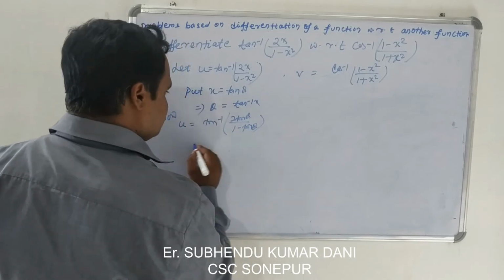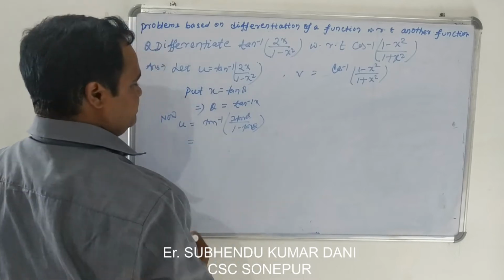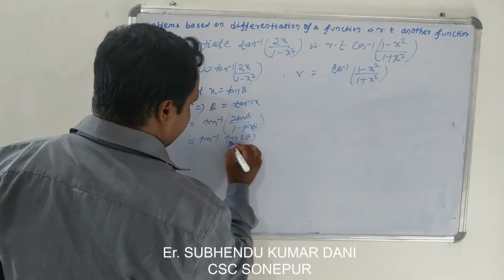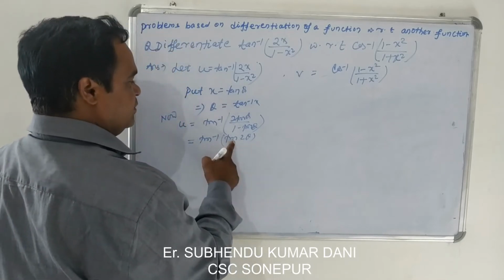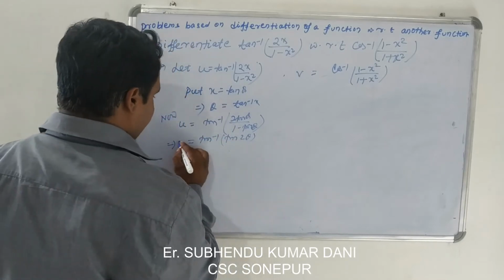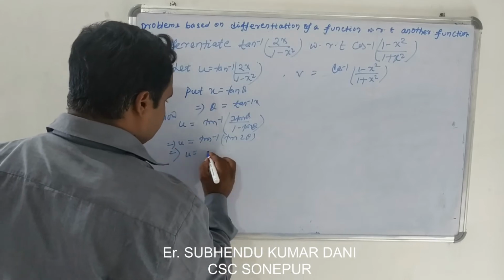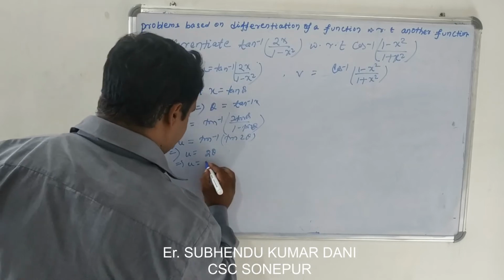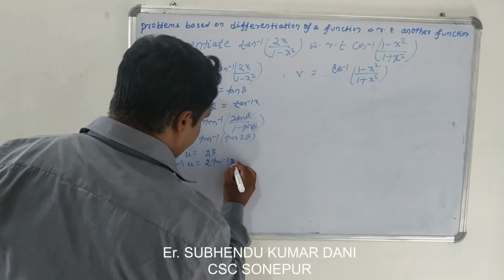This is the tan 2 theta. In the tan inverse, the tan value is negated. So u equals 2 theta, or u equals 2 tan inverse of x.